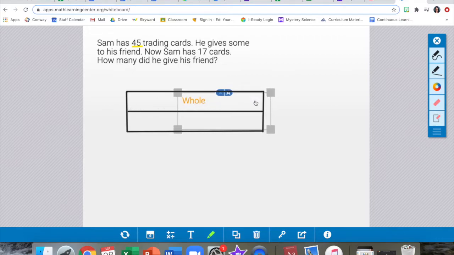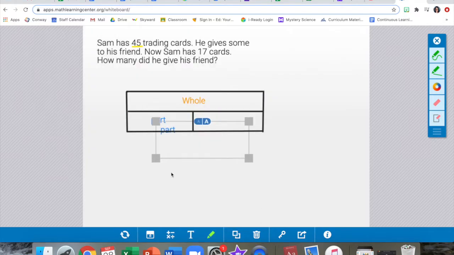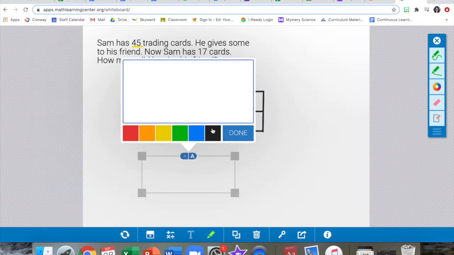This is the whole number of cards. And if we split the bottom into two separate parts, we get two parts that are equal to the whole. Let me label those for you. And I'll duplicate that. So we have part-part-whole. Two parts is equal to one whole.